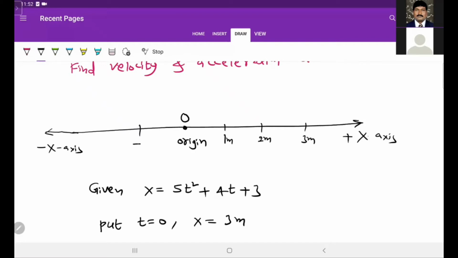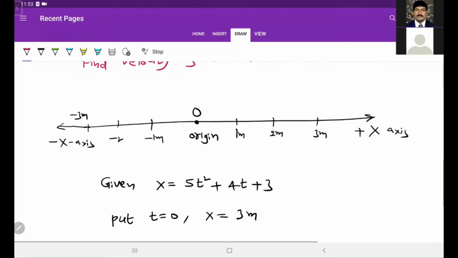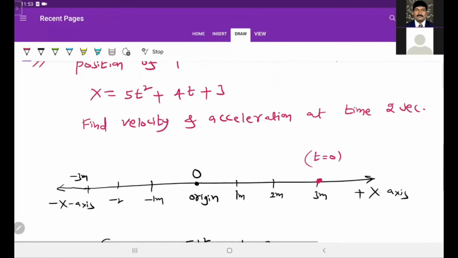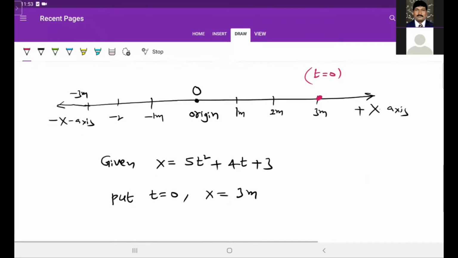Left side I am marking as -1 meter, this is -2 meter, this is -3 meters. Like this. Particle at time t0 is at 3 meters. So we started observing this particle at time t0. So initial position is 3 meters.